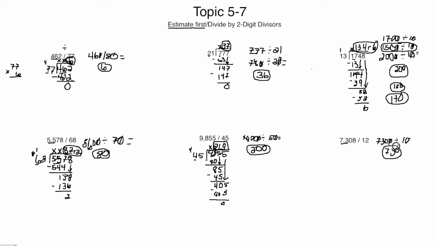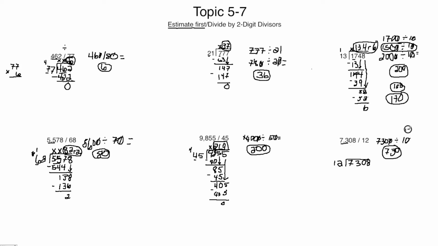All right, so that's a big number. All right, let's rewrite this for long division. 7,308. We divide it by 12. Now, I will have to say this, back to the estimate.